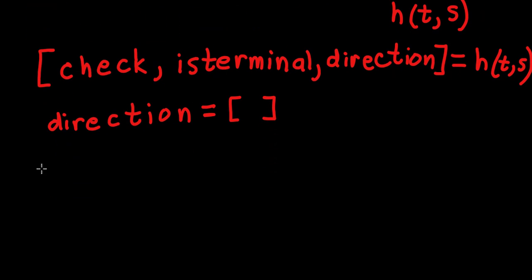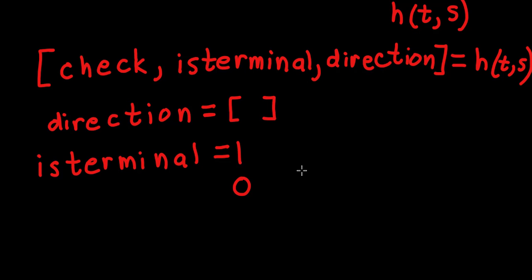The next variable, is terminal, is a variable that you will set equal to 1 or equal to 0. If isTerminal is set equal to 1, then MATLAB's ODE solver will stop once your event has occurred. If isTerminal is set equal to 0, then MATLAB's ODE solver will not stop once the specified event has occurred.